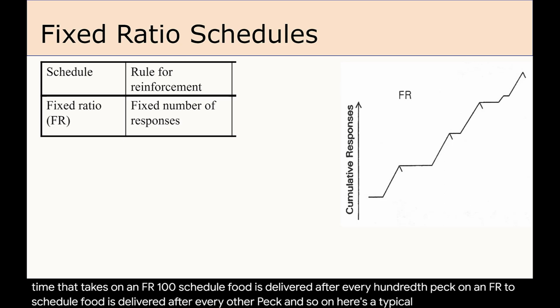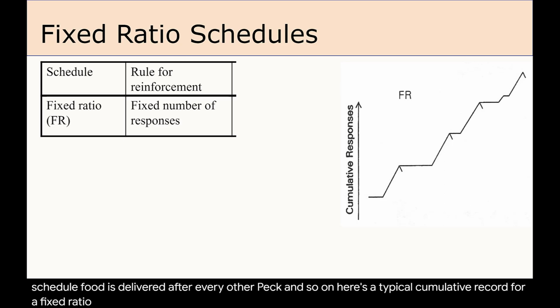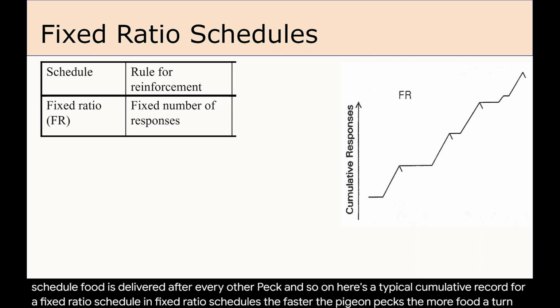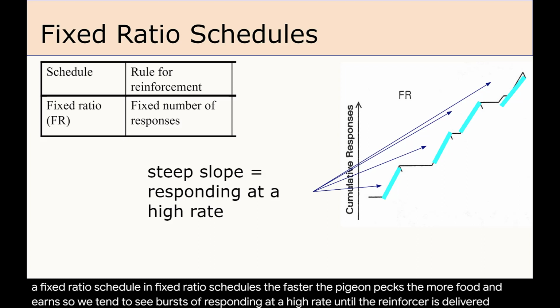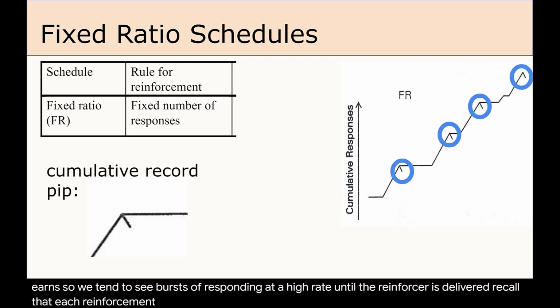Here's a typical cumulative record for a fixed ratio schedule. In fixed ratio schedules, the faster the pigeon pecks, the more food it earns. So we tend to see bursts of responding at a high rate until the reinforcer is delivered. Each reinforcer delivery is indicated by a pip on the cumulative record.